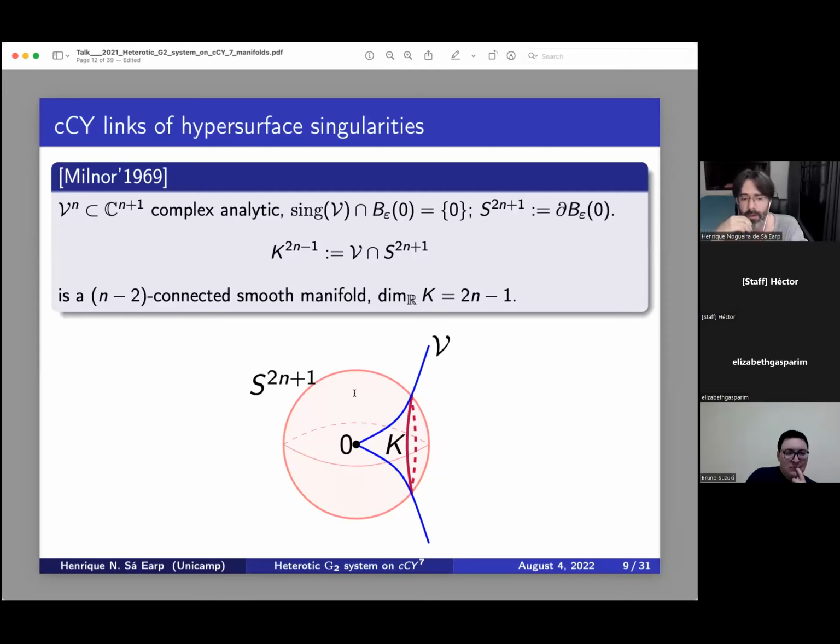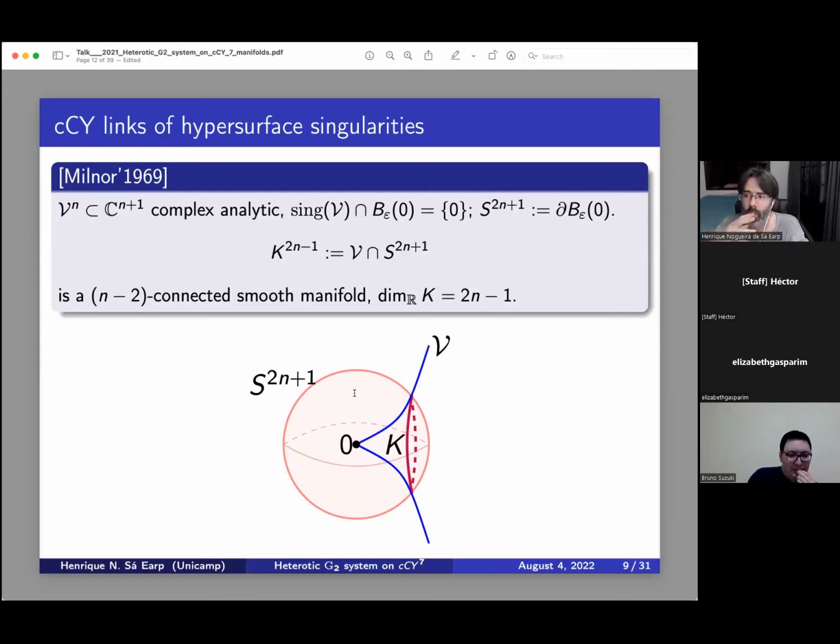So I'm thinking about the n equals 4 situation. We'll cut out a 7-dimensional manifold, compact, smooth, 2-connected manifold K.